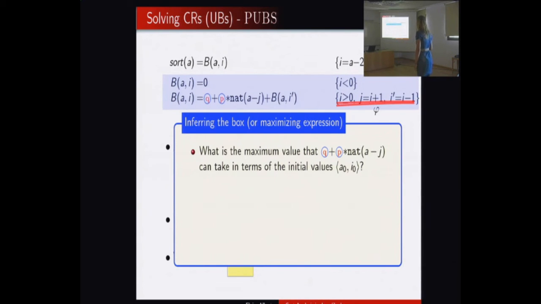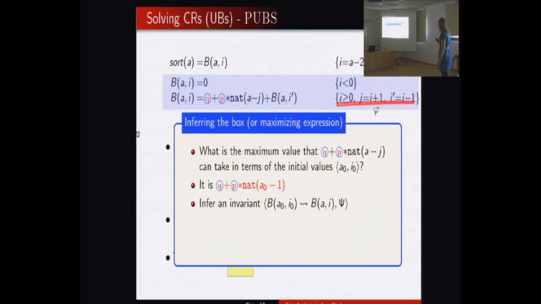But it's a maximization problem. So what we try to find is the expression that we are accumulating, and we try to find what is the maximum value that this expression can take. And this can be solved by looking at the constraints we have here. We want to maximize this expression because it's the one that we accumulate at each iteration.